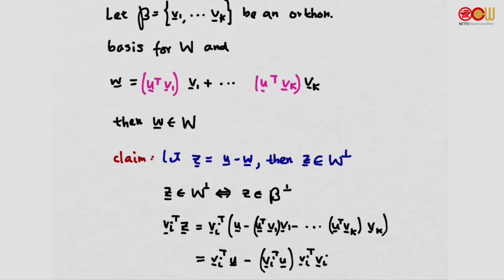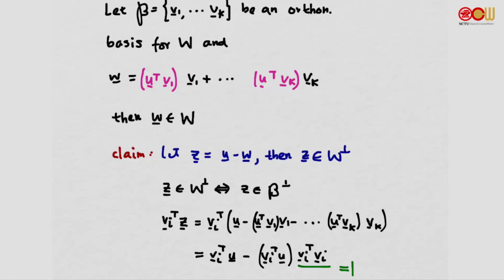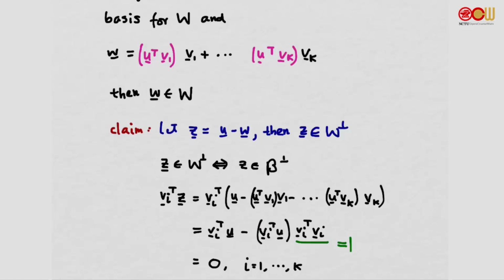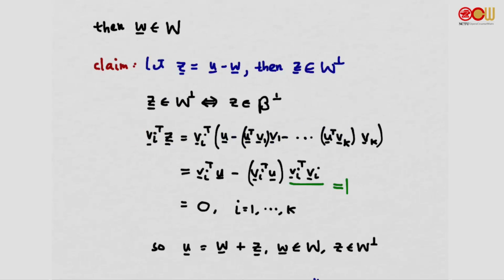For the vi term, we get vi transpose vi, and the vi vectors are unit vectors, so vi transpose vi is equal to 1, and we get the product of vi and u, and a 0. So z is orthogonal to all the vi vectors. So indeed this is true: u is a sum of w plus z, where w is a vector in the subspace W, and z is in W perp.